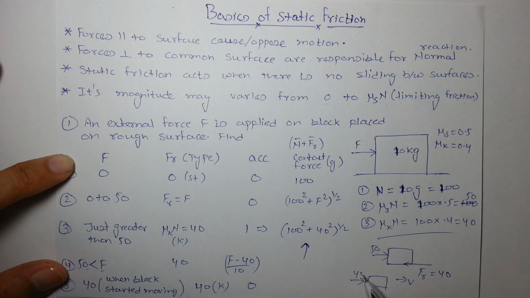You apply 40 Newton, and there's a force of 40 Newton which acts. Because the block is moving, only kinetic friction will act. It will continue to act as 40 Newton, and this force will balance, so acceleration will be 0, and it will continue to move with the same speed as it was moving earlier, and the force from the ground will be the resultant of normal and friction force.